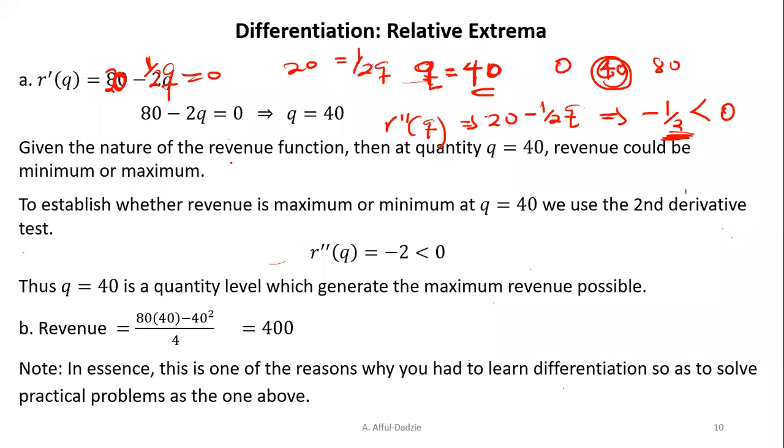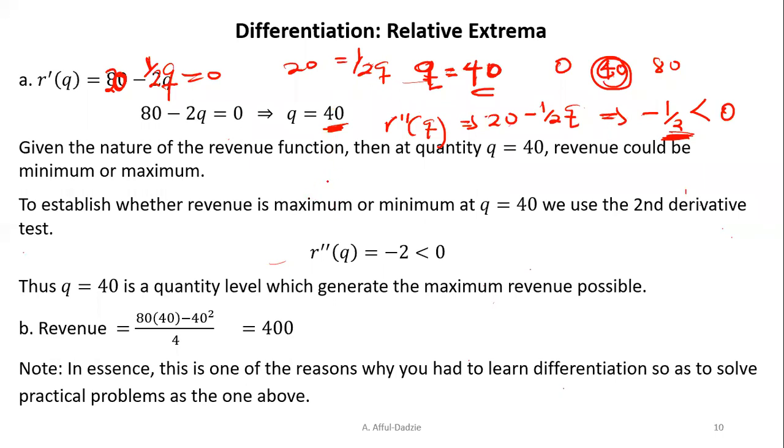Having solved for Q, the value we get could be a maximum value or a minimum value, depending on what the second derivative test will tell us. So if we are unsure, we conduct the second derivative test.